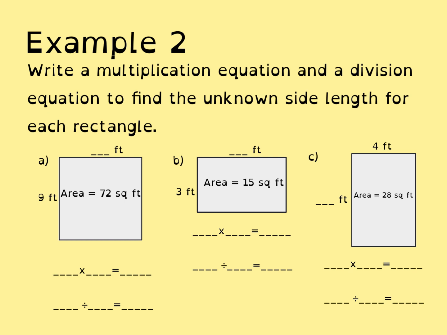To start this problem, we will start with the division equation. So we know that the area of this shape here is 72 square feet, and our given side length is 9 feet. So our equation would look like this.